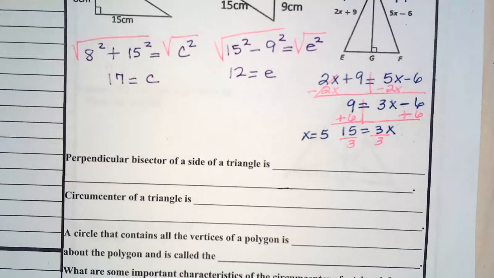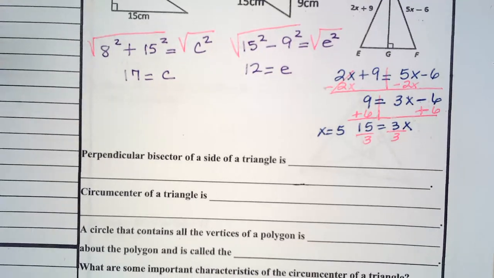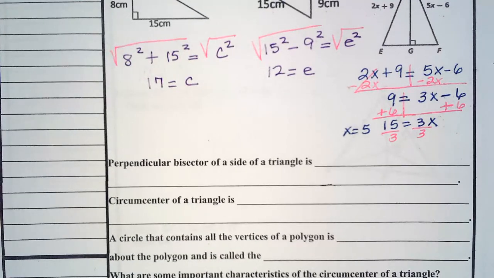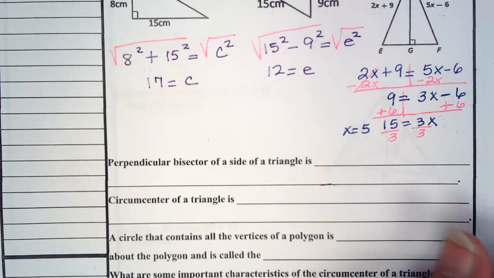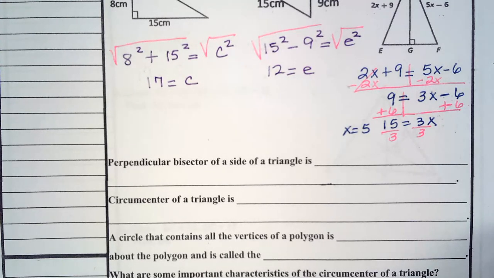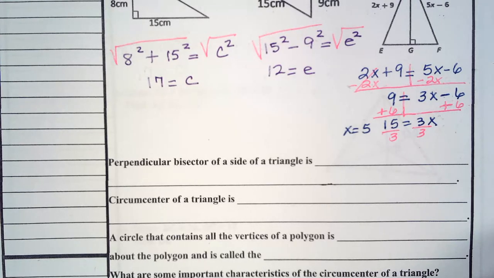Remember, when we're looking at geometry, we always have to be able to understand the definition. So if we're looking at the perpendicular bisector of a side of a triangle, what is it? What does perpendicular mean? Perpendicular means it forms a right angle.